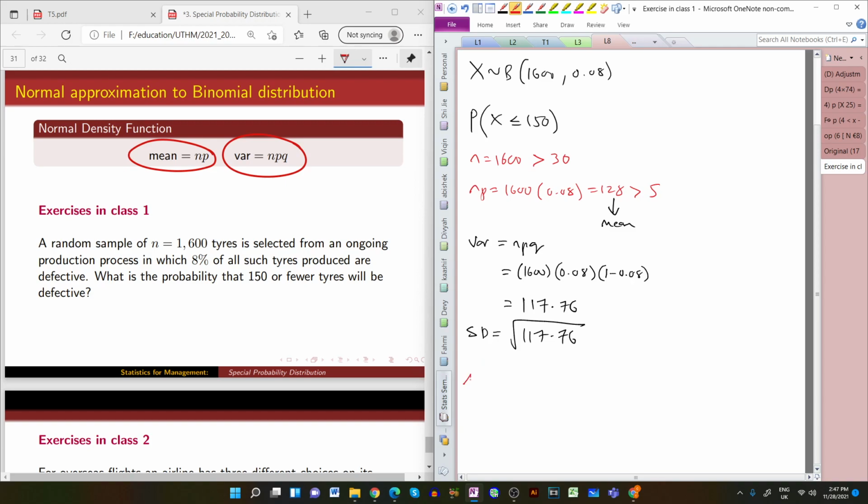We know that the mean is 128, and when we want to do continuity correction, I go for the other part, next page.